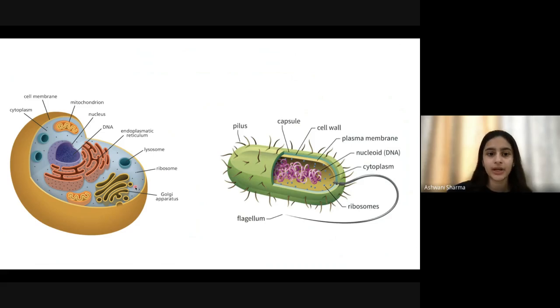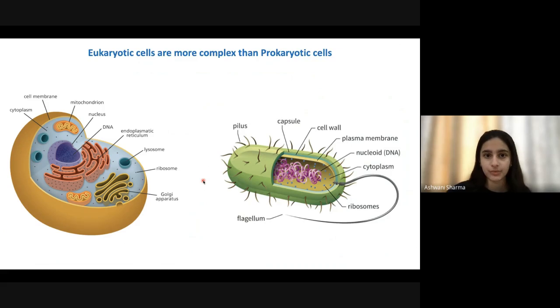We know that eukaryotes have many more organelles than the prokaryotic cell, but even if we just look at both of them over here, we can easily see that eukaryotes are much more complex than prokaryotic cells. A general eukaryotic cell size is around 10 to 100 micrometers.